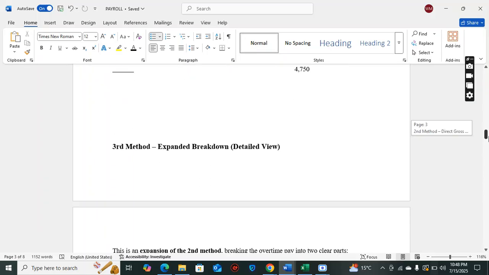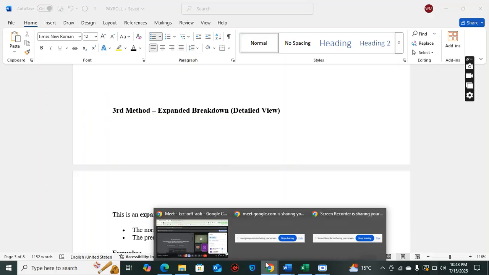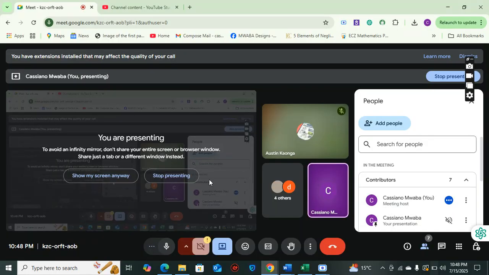Okay, so the third and the final method. The reason why I'm showing you all these methods is that different books might use one of these three methods. If you are only accustomed to one method, you'll start getting confused: this book is saying this, this other book is saying this.